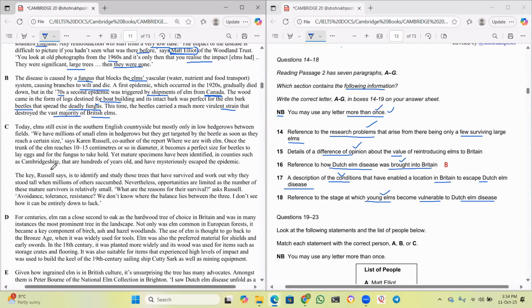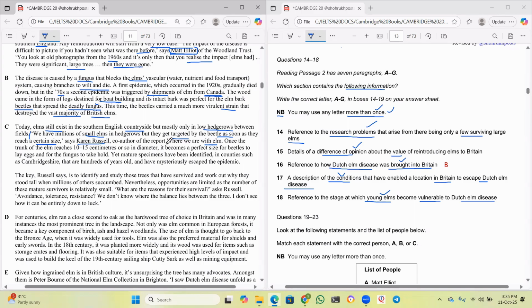Now see, today elms still exist in the southern English countryside, but mostly only in low hedgerows between fields. We have millions of small elms in hedgerows, but they get targeted by the beetle as soon as they reach a certain size, says Karen Russell, co-author of the report Where We Are with Elm.